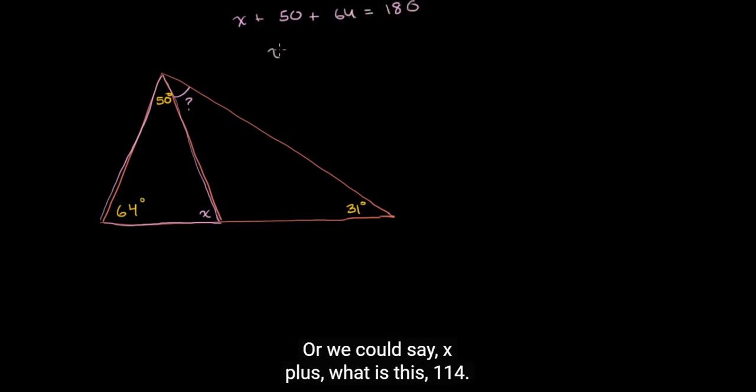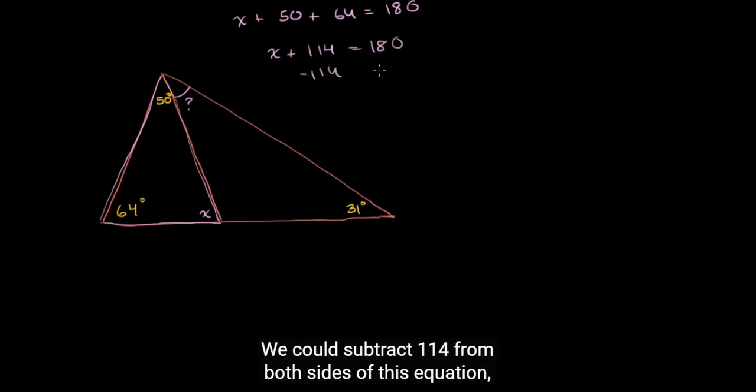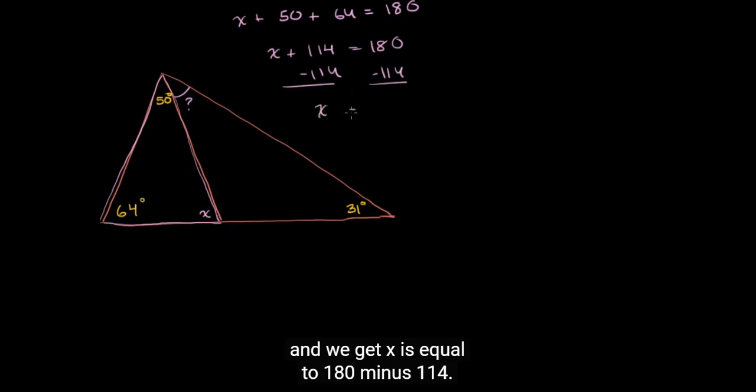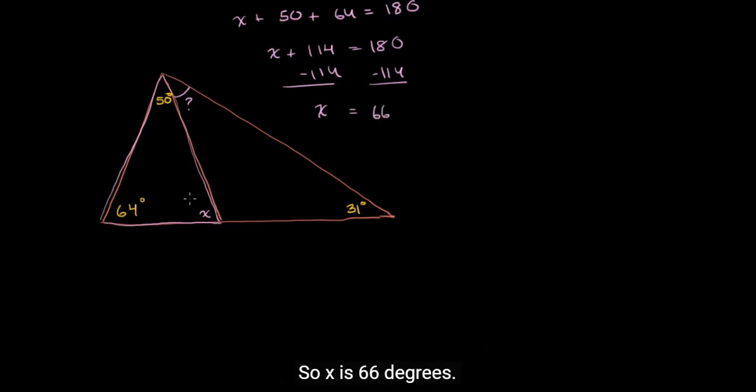Or we could say x plus, what is this, 114. x plus 114 is equal to 180 degrees. We can subtract 114 from both sides of this equation, and we get x is equal to 180 minus 114. So 80 minus 14, 80 minus 10 would be 70, minus another 4 is 66. So x is 66 degrees.